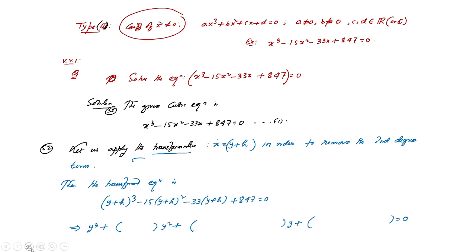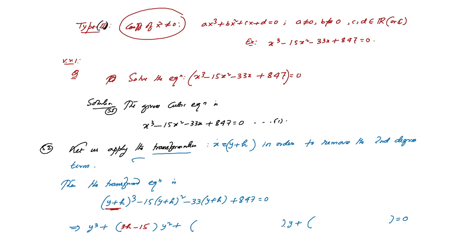Now you will do the simple calculation. Here you find that y cube is coming from this term. There is no other y cube, so we move to the y square coefficient. From here we get 3h, and from here we get minus 15. There is no y square term here.